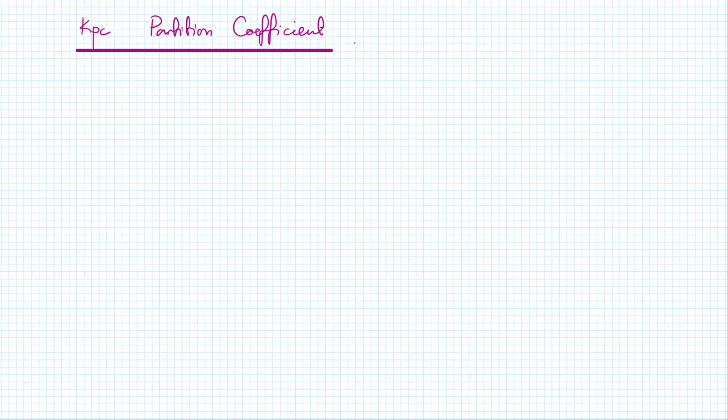अच्छा, KPC is also like KSP. You mainly get two types of typical questions on KPC. So KPC, let me write the definition. They're going to ask you for the definition as well.